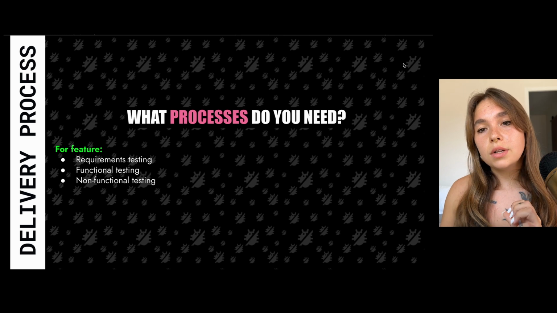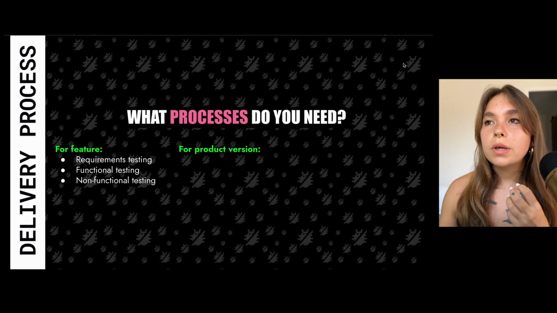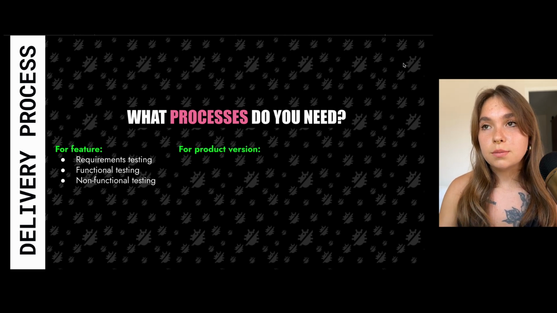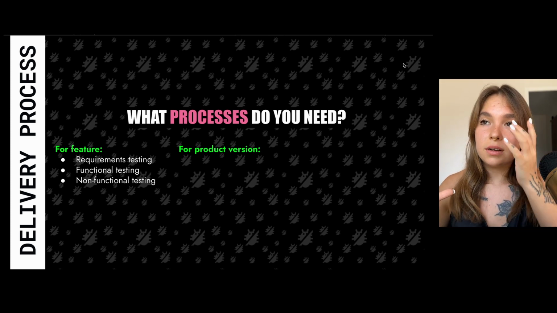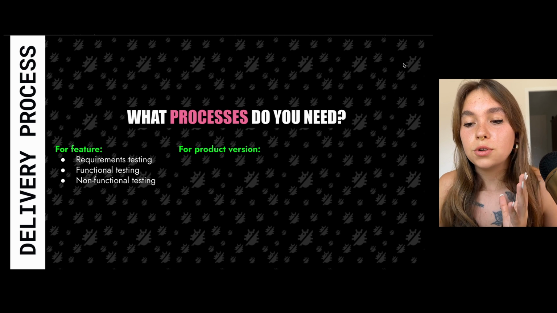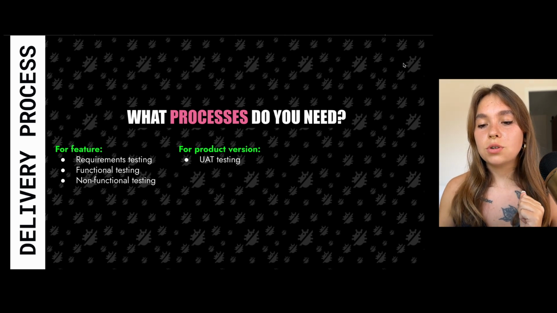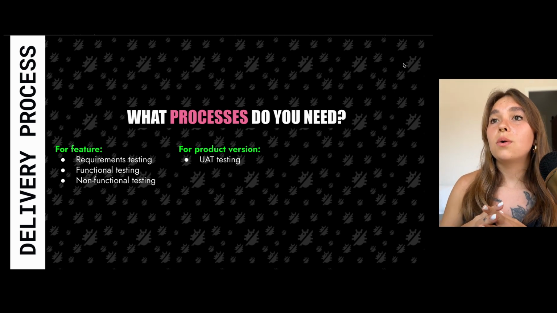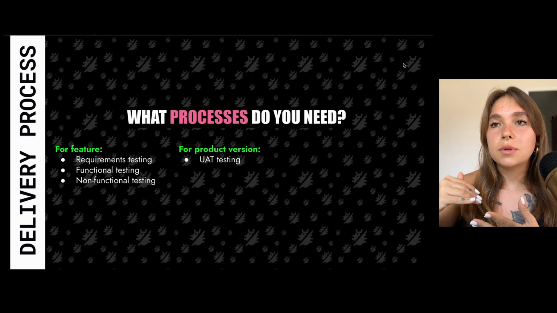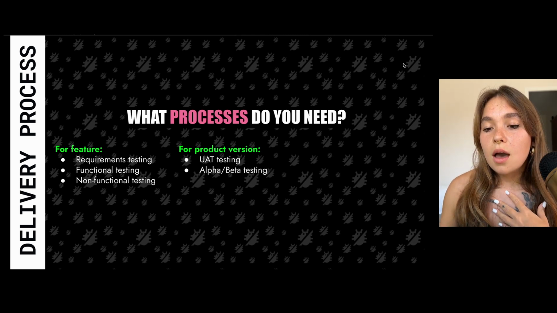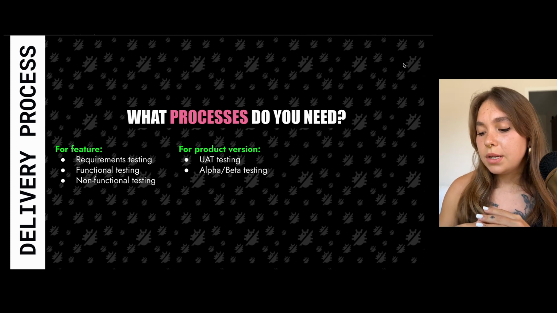Okay, and it's only for a feature. What do we have for product versions? We have features, and when we have a lot of features, they are collected into one product version. So in a product version, we have UAT testing, when we try to understand if all our user acceptance criteria are actually met. After that, we can also have alpha and beta testing.